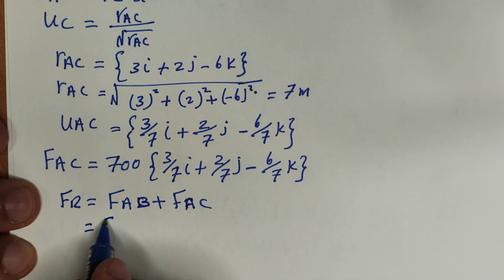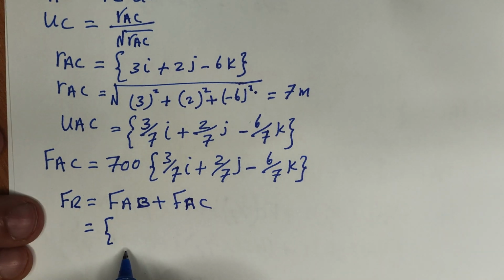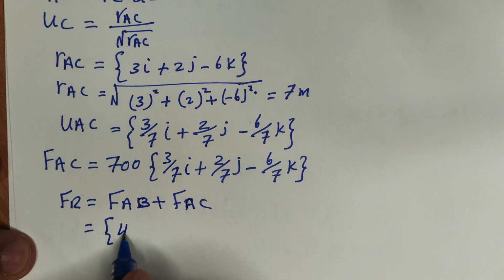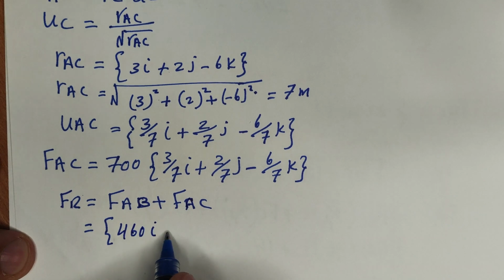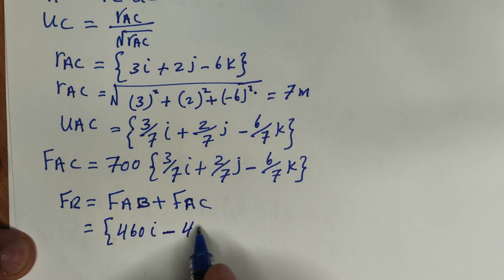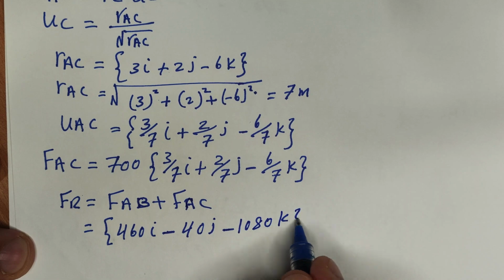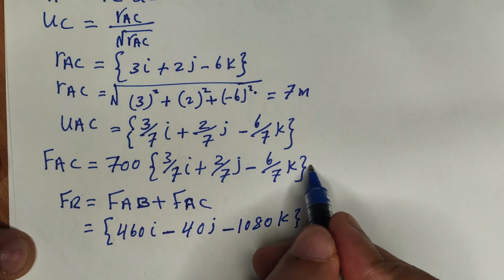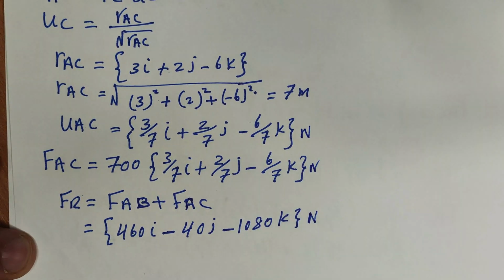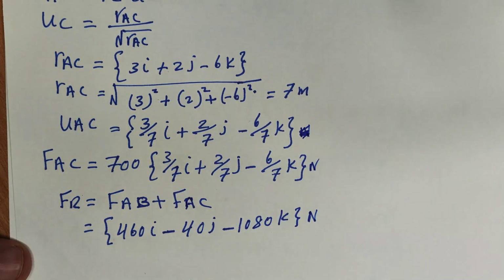Once you add both of them together, that should equal 460i minus 40j minus 1080k. Of course, this force is in Newton. Don't forget to put your units, guys.